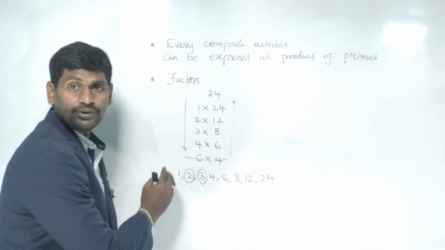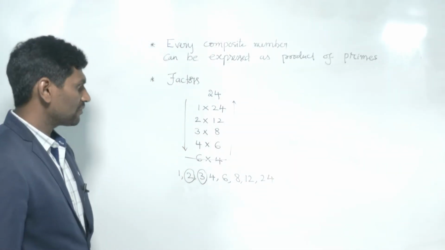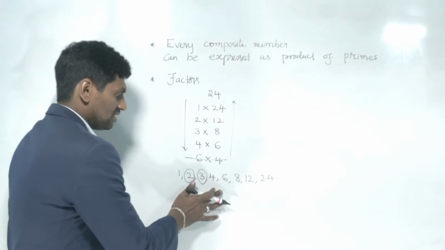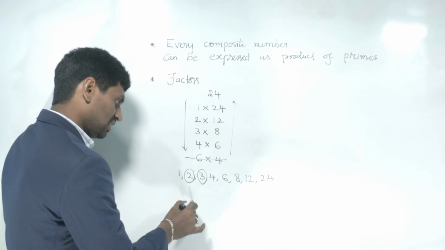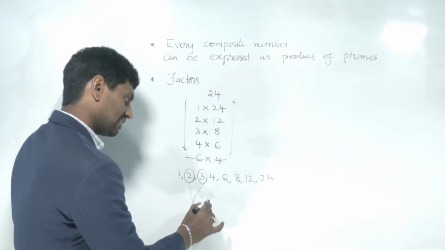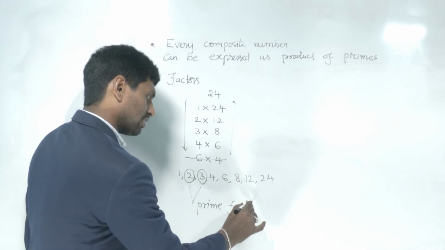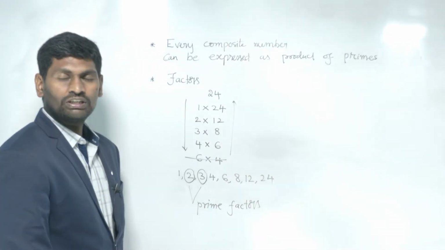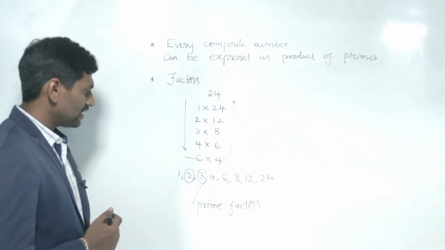One is neither prime nor composite, and the remaining are all composite numbers. So these two are called prime factors. All are factors, among them only these two are prime numbers, so these two are the prime factors.